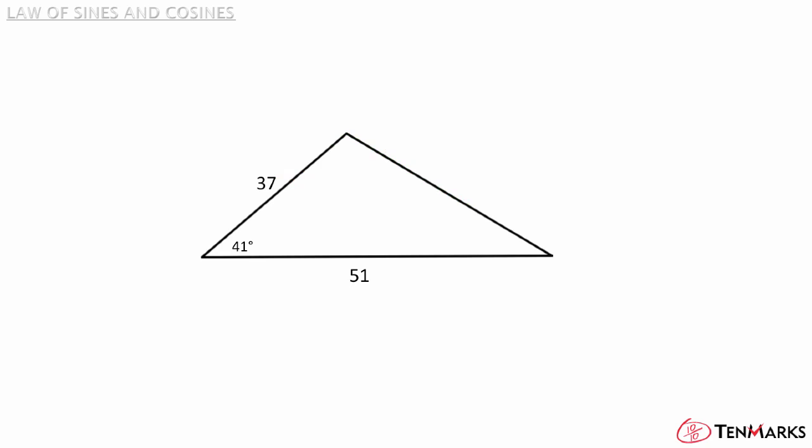How about this triangle? Can you find the missing angles and sides? You can't use SOHCAHTOA or the Pythagorean theorem because it's not a right triangle. And you can't use the law of sines because you don't have a side length and its opposite angle to use a ratio. You can, however, use an equation called the law of cosines.